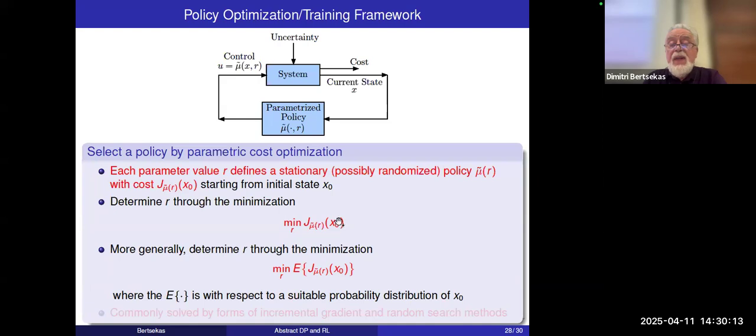And very often these evaluations of cost function and gradient involve data, collecting data. So this has the nature of a sum of components, which brings into play incremental gradient methods.